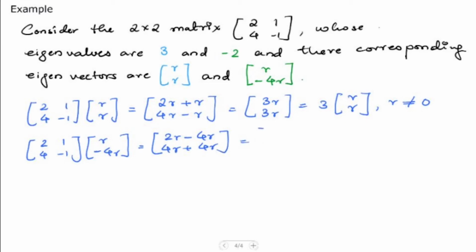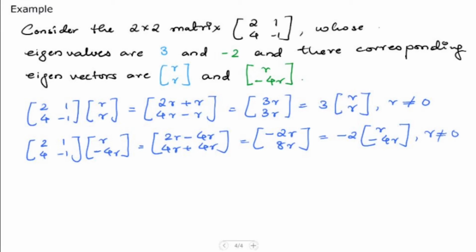This here is equal to minus 2r and 8r. And if we take out minus 2 common, we get here r and minus 4r, which is our second eigenvector and second eigenvalue, again where r is not equal to 0.